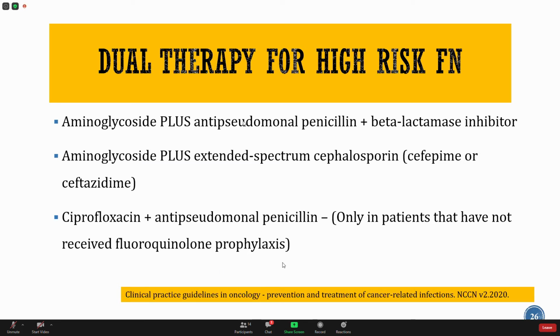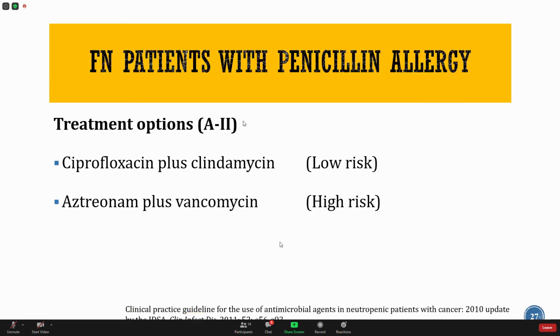If the patient had recently received fluoroquinolone prophylaxis, those patients are probably not supposed to receive quinolone in empirical therapy as well. If the patient also has penicillin allergy, cipro plus clindamycin is an option for low-risk patients, and aztreonam, which covers all kinds of gram-negatives, plus vancomycin is the option for high-risk patients with penicillin allergy. This is from the IDSA 2011 guidelines.